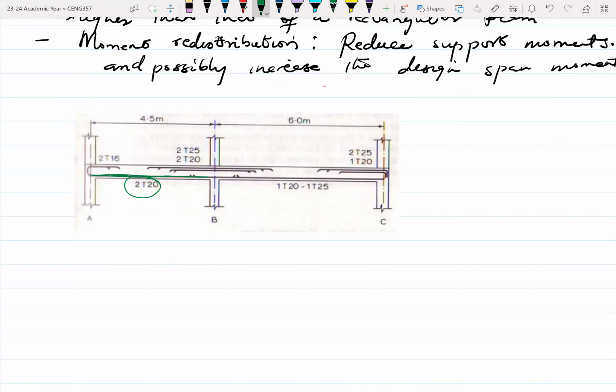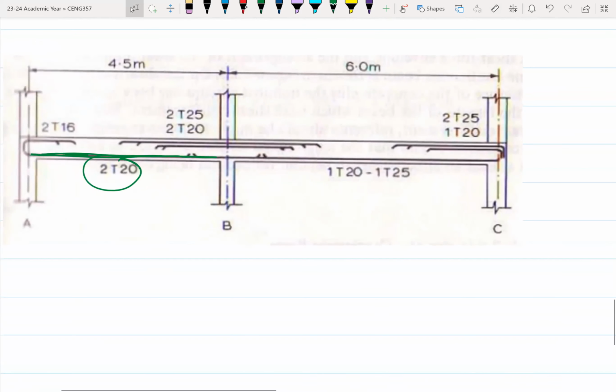Then if you look at the support, which I think is the critical one, because tension over support is at the top. So this zone is tension, tension, tension, and tension. So over support, we have tension, and then at the spans, the tension is at the bottom.